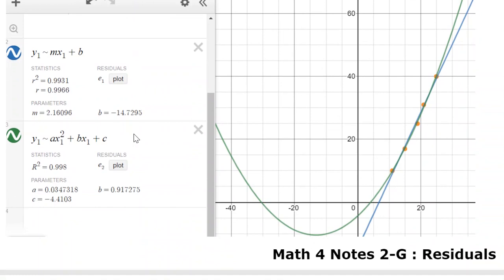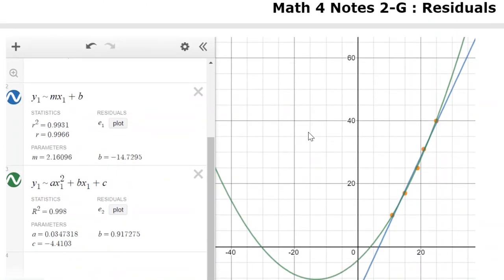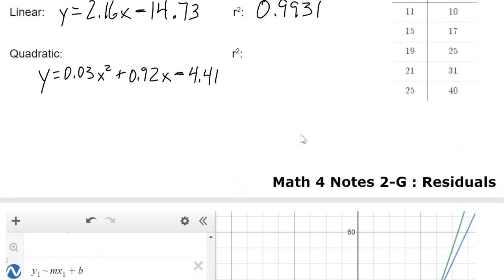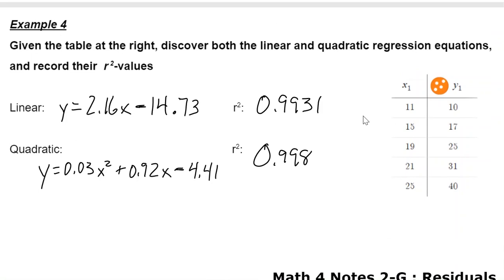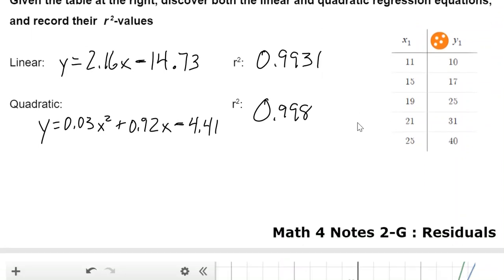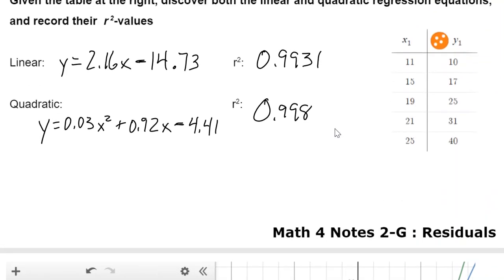And then the last term, negative 4.41, minus 4.41. And my R squared there is .998 for the quadratic. Okay, so that's what 4 should look like. And again, you are comparing the R squared values to see which one is the better fit.